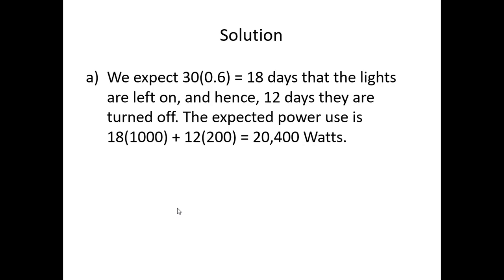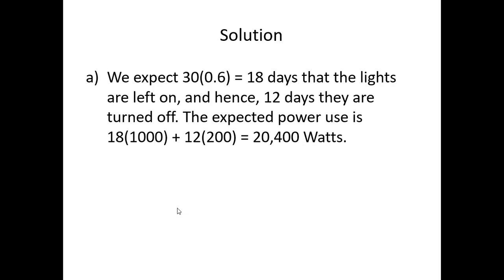The answer to part A is fairly straightforward. There's 30 days, and 60% of the time the lights are left on. So we expect 18 days that the lights are left on. And since it's a 30-day period, that leaves 12 days the lights are turned off.